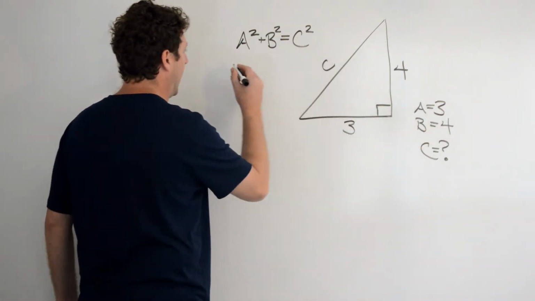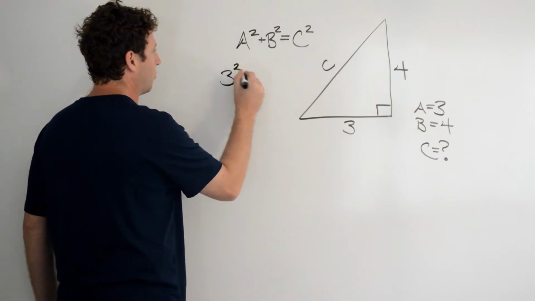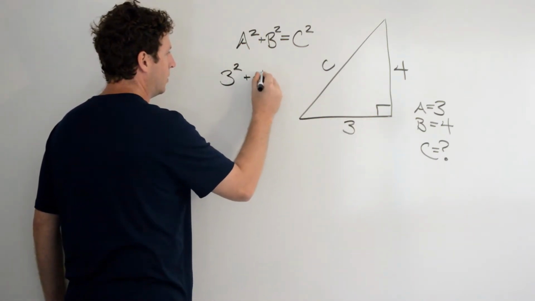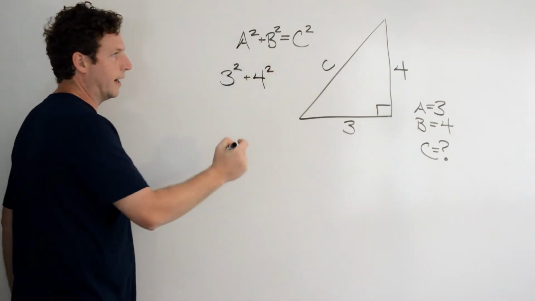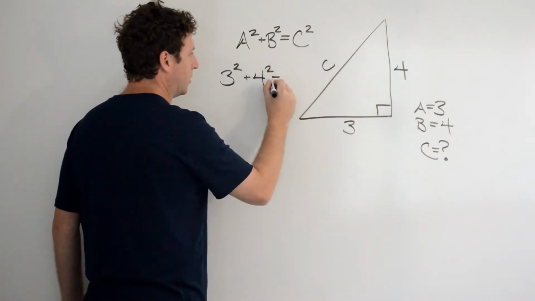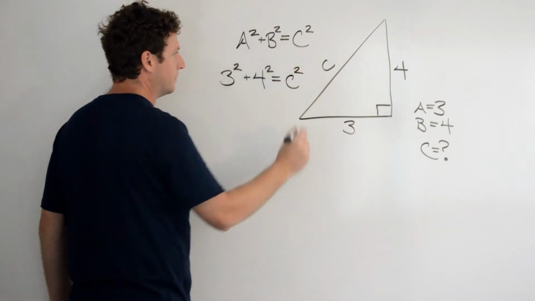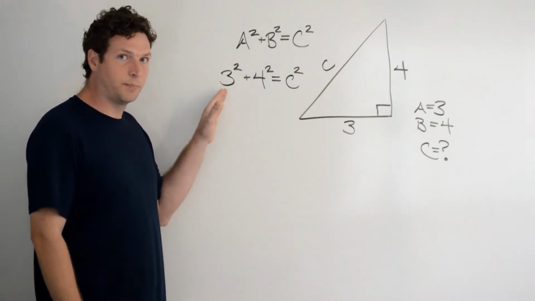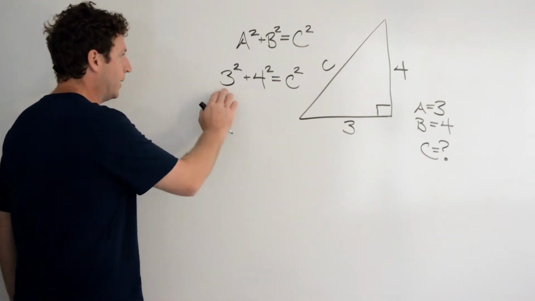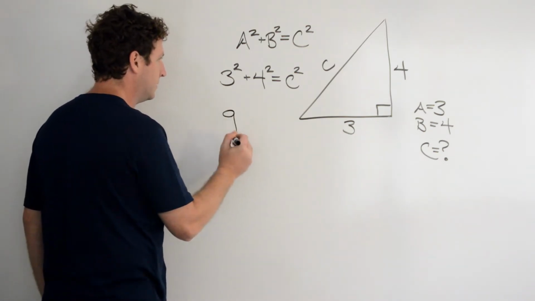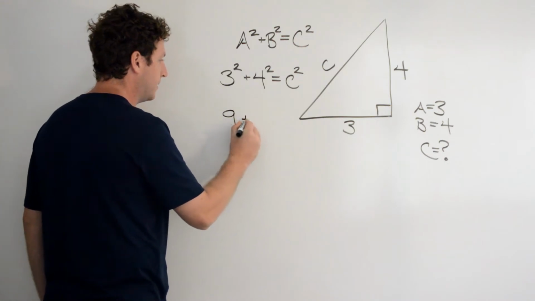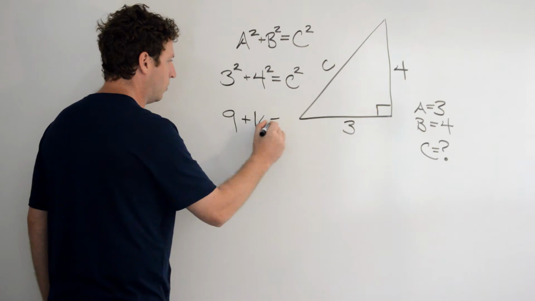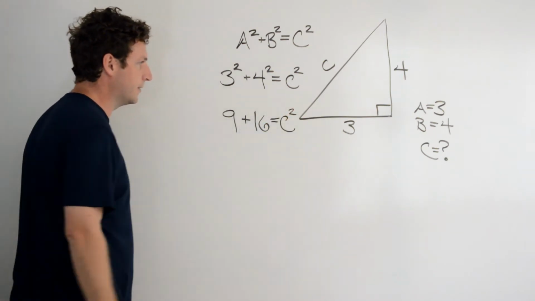I'm going to take my A, 3 squared. Now I'm going to plug in my B, 4 squared, and it still equals C squared. Now, to square this term, I just need to multiply 3 times 3. 3 times 3 is 9, plus 4 times 4 is 16, equals C squared.